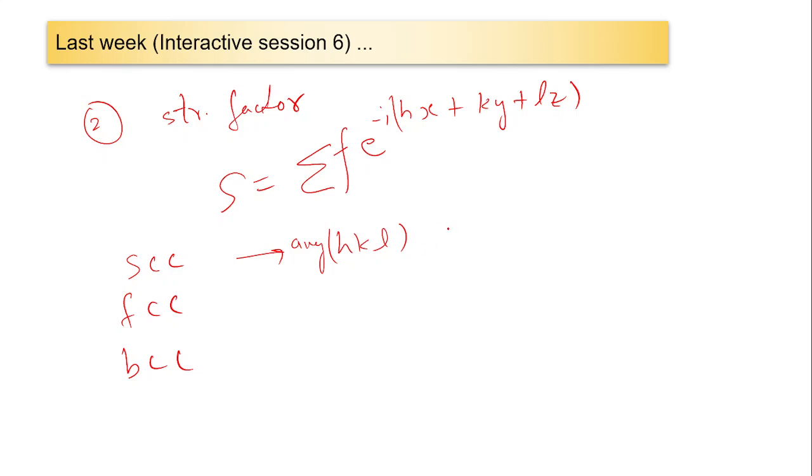It will satisfy the Bragg condition, and we'll see peaks corresponding to all HKL planes if it's a simple cubic.